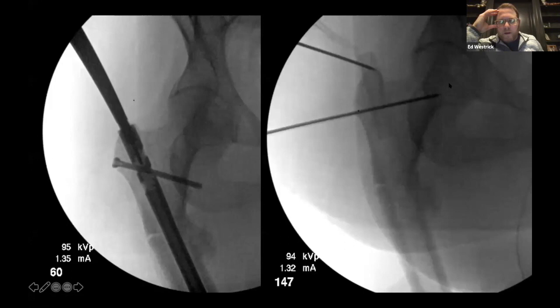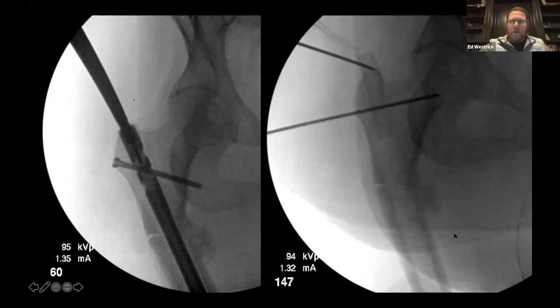And then the other way to think about it is, every company is a little bit different, but the cephalomedullary lag screw for some of the companies is whatever X diameter, but you use two of these reconstruction style screws, and they're each 6 millimeters, which ends up being more volume and a bigger amount of screw.